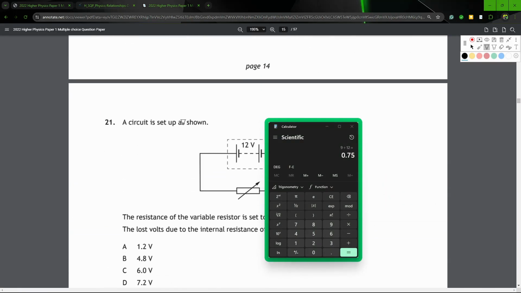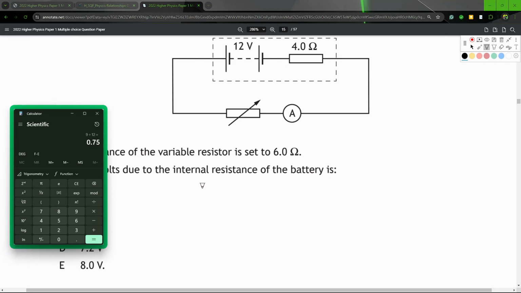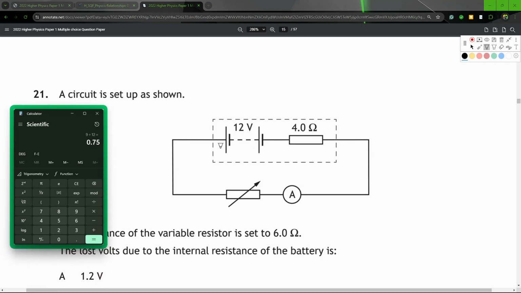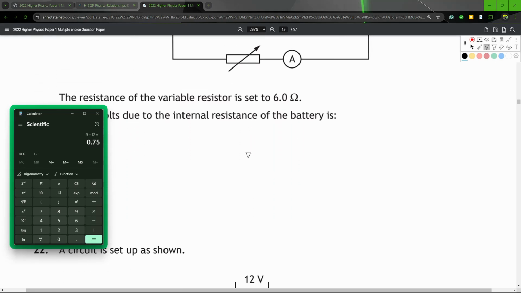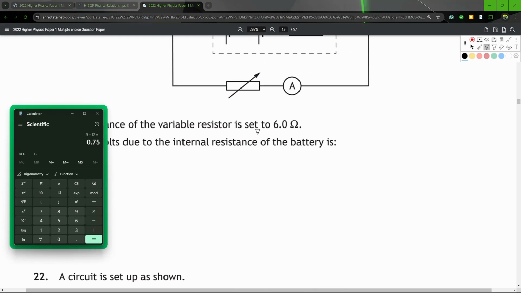Alright, continue on to the fourth. A circuit is set up as shown. The resistance of the variable resistor is set to 6 ohms. The loss of voltage due to the internal resistance of the battery is what? Okay, so it tells us the EMF, the internal resistance, and the resistance.